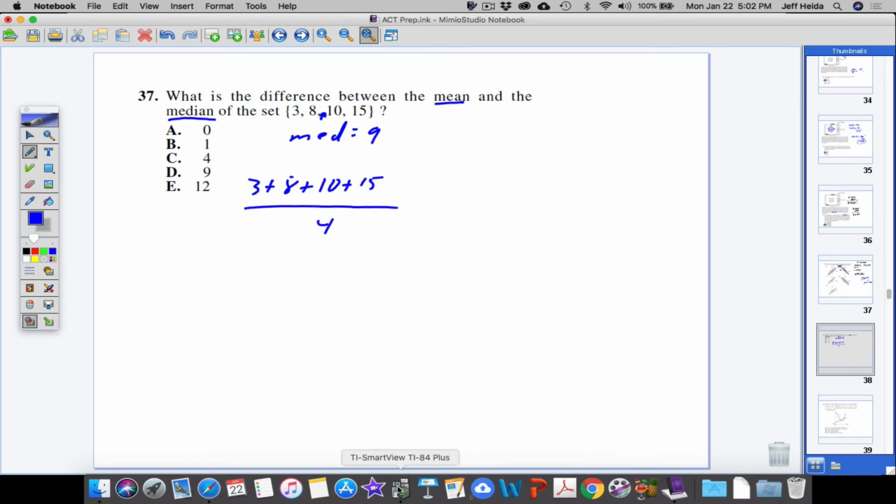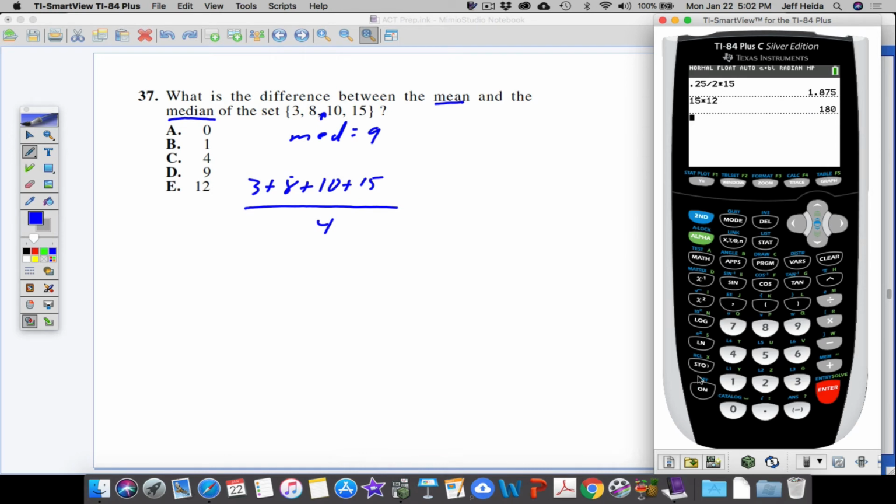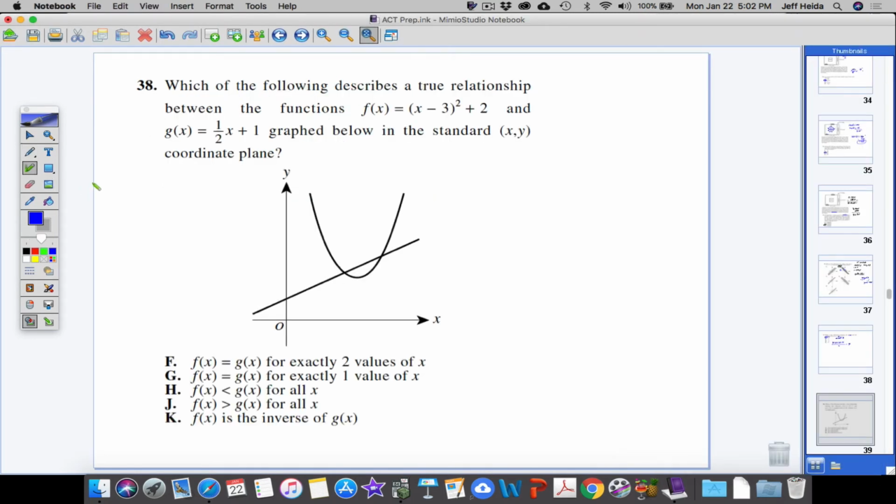So let's pull up the calculator and let's do, in parentheses, 3 plus 8 plus 10 plus 15, and then divide that by 4, and you get 9. So the mean is 9 and the median is 9. The difference is 0.